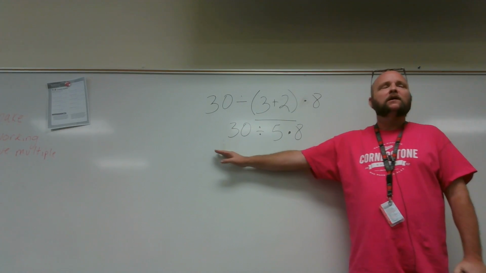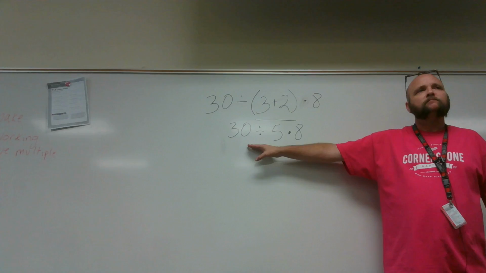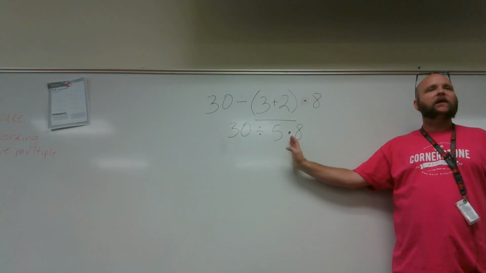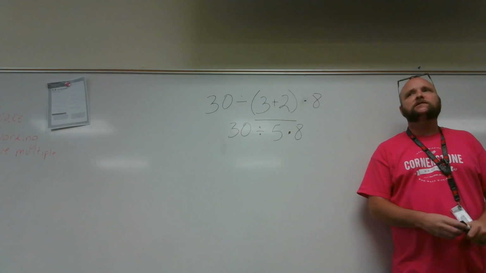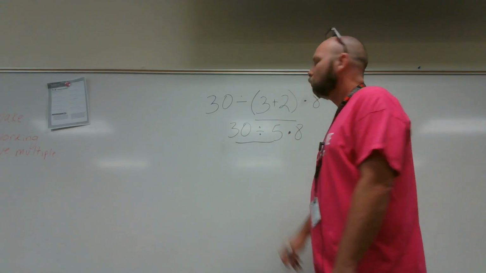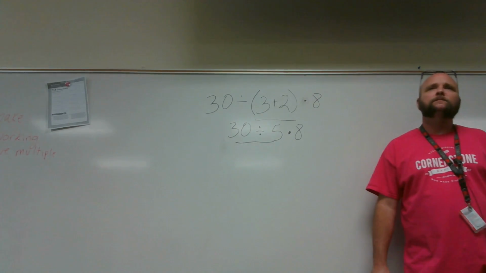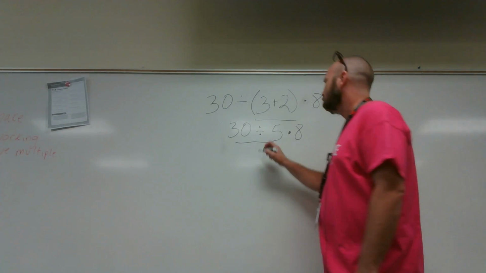So therefore, since it has a division in this problem and a multiplication, I do them from left to right. I'm going to start with the division because it's furthest to the left. So Ashley, what is 30 divided by 5? 6.